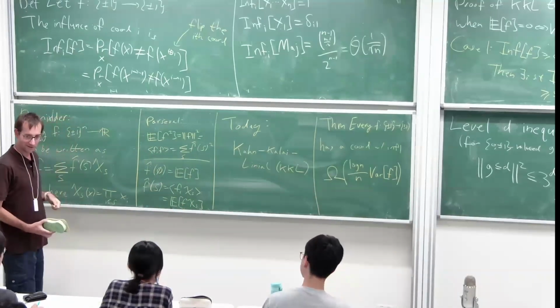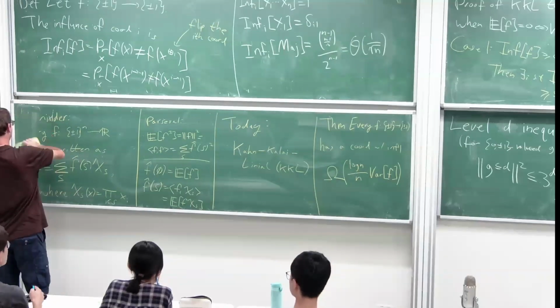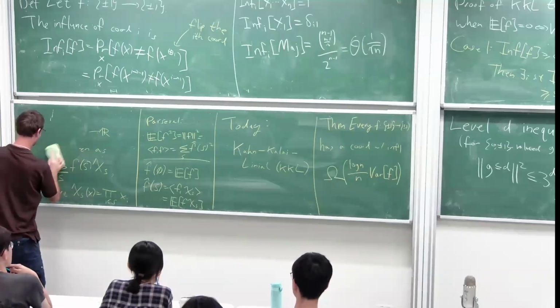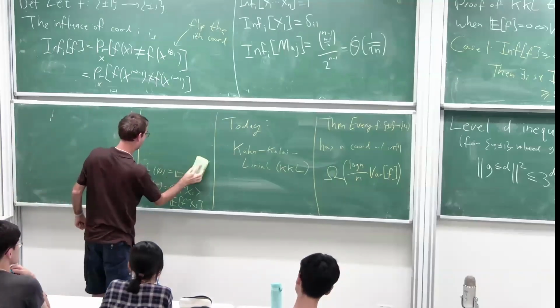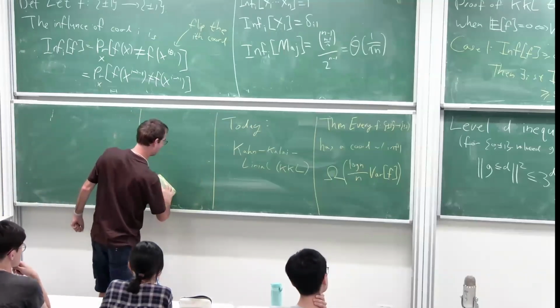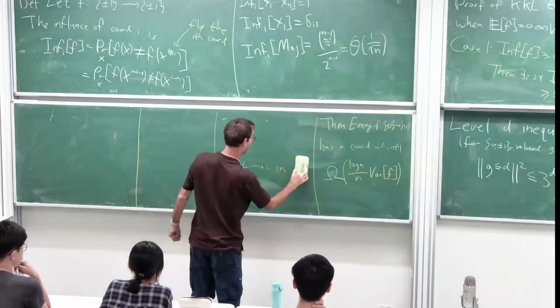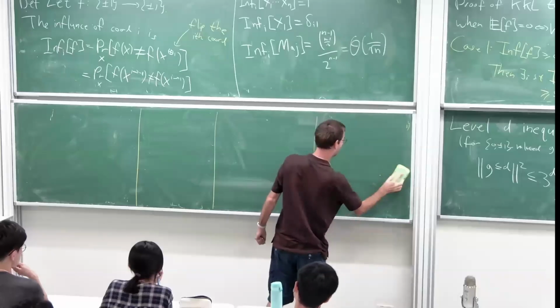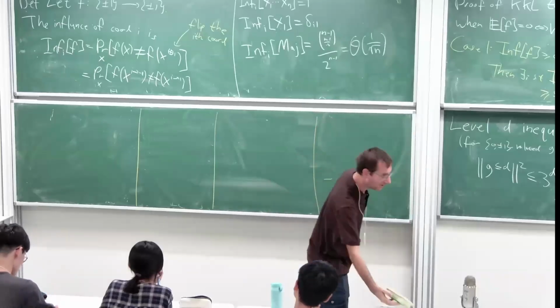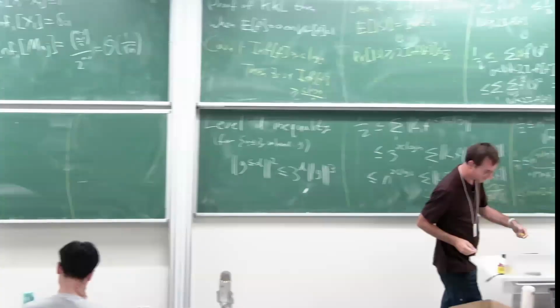But we should discuss. Okay, so this level K inequality, level D inequality, will follow from the following. I'm trying not to screw it up.